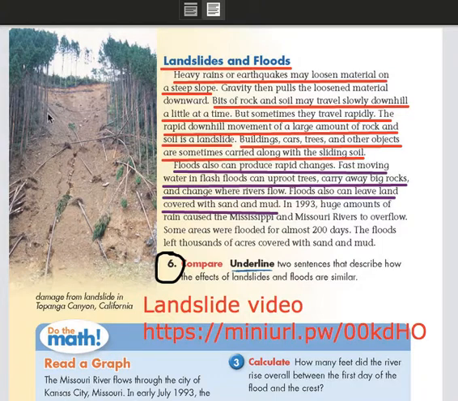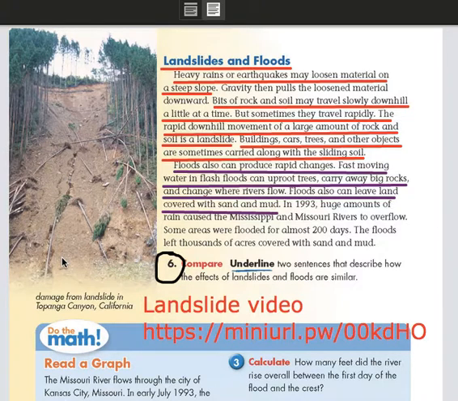So, in your opinion, and this is the first question to be answered after this lesson, how do you think that landslides change the Earth's surface? So let me repeat the question. We talked about landslides.